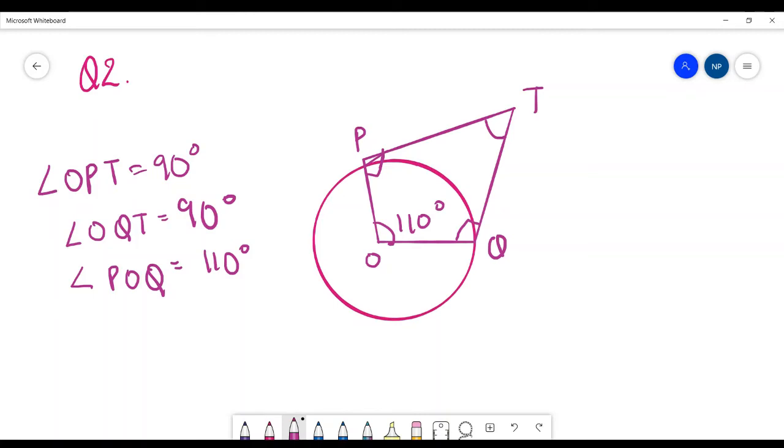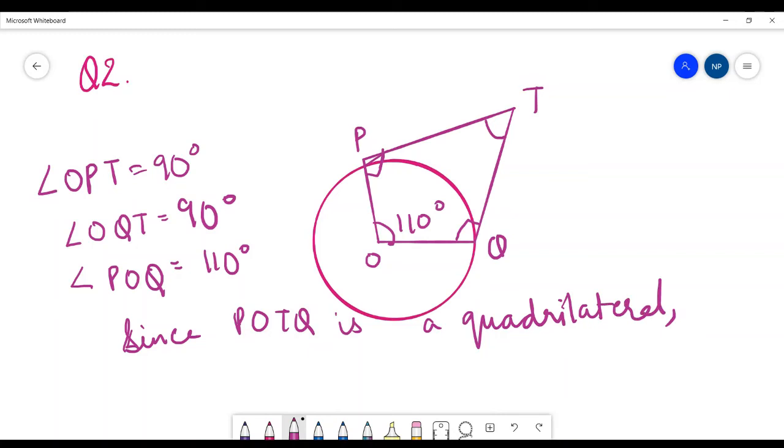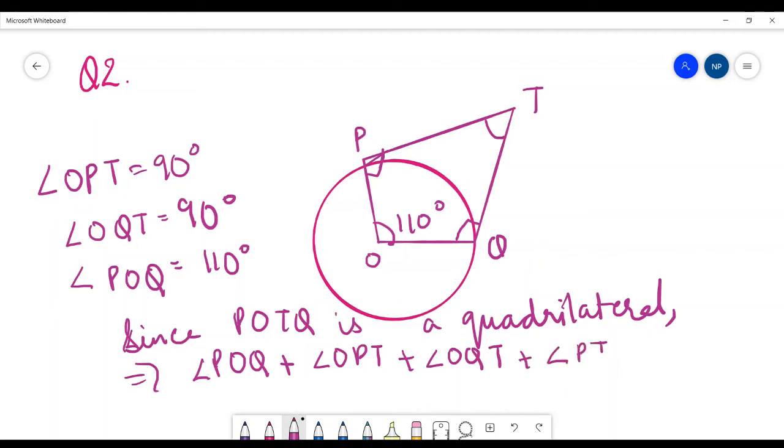We will write first, since POTQ is a quadrilateral, we know angle POQ plus angle OPT plus angle OQT plus angle PTQ is equals to 360 degree, right?